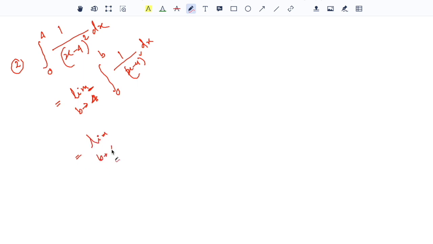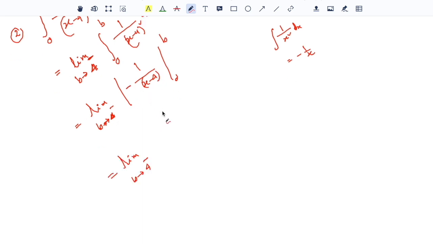Now limit b tends to 4 from the left. We know integration of 1 by x square is equal to minus 1 by x. So exactly the same way we can integrate it, which will be minus 1 by x minus 4, and the lower limit is 0, upper limit b.